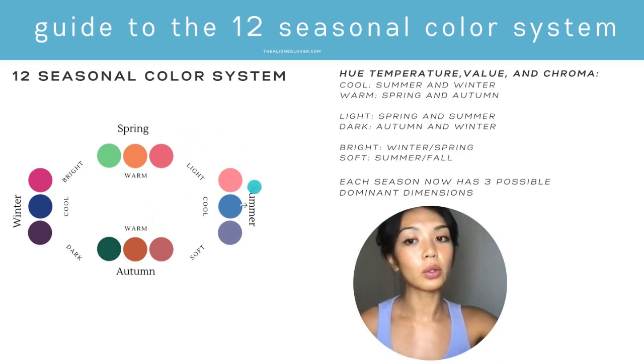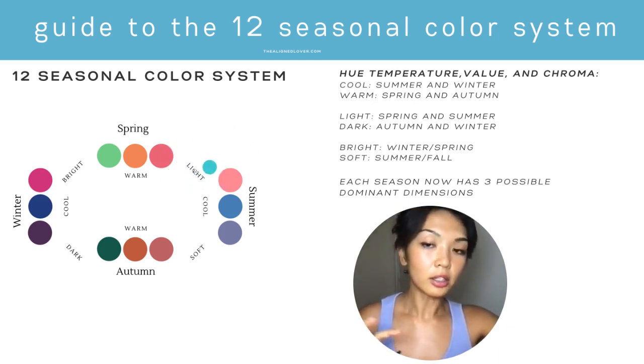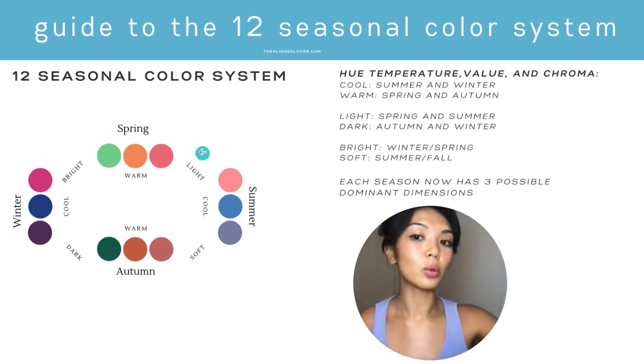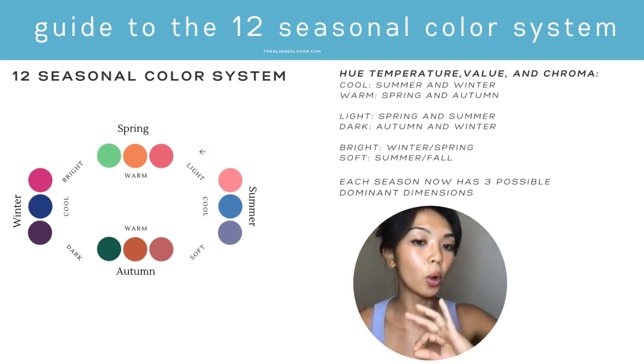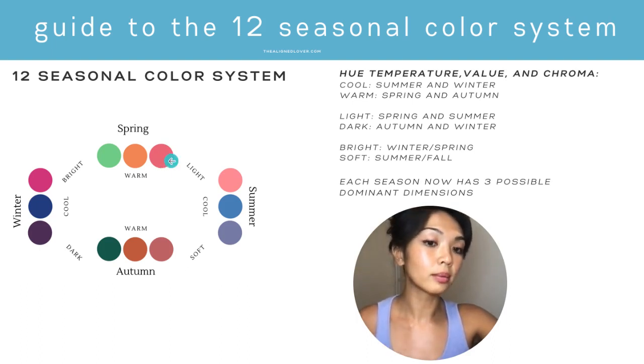Now you'll also notice that the different color dimensions are in between seasons, because when you connect seasons, you only change one dimension. So for example, we have light spring here, which is light and then warm, and then it transitions to light summer, which is light and then cool.